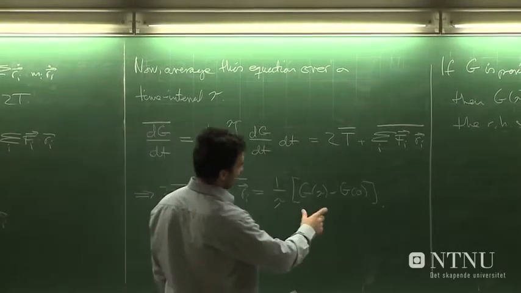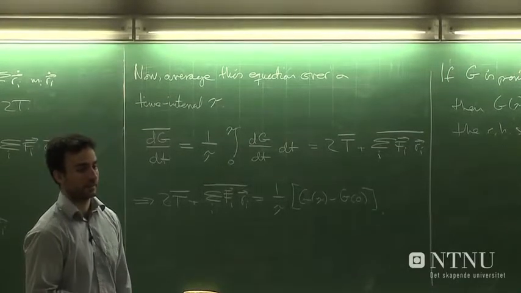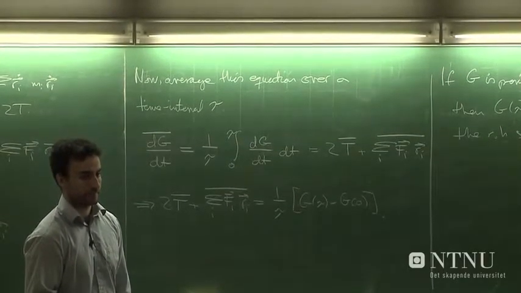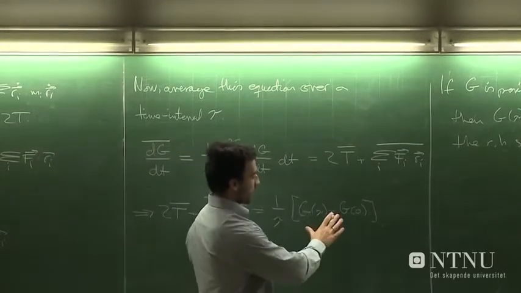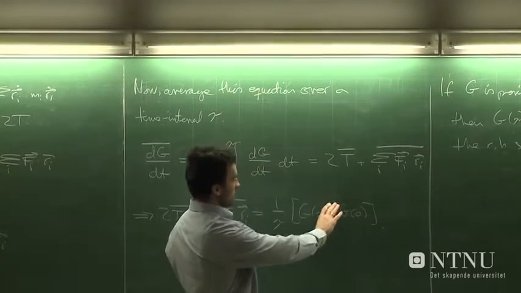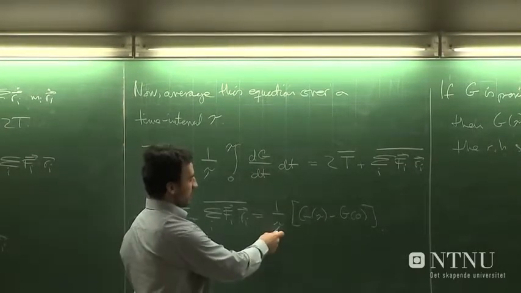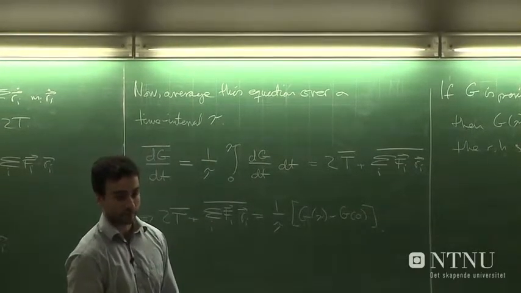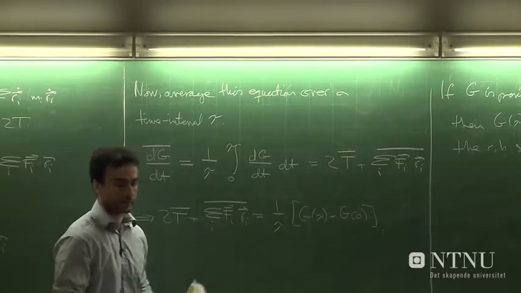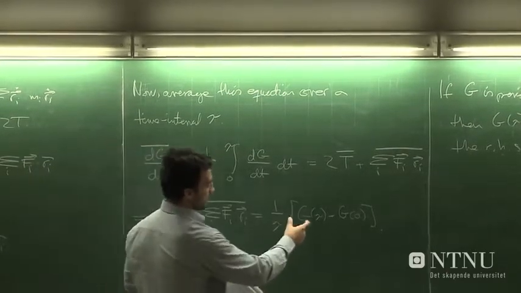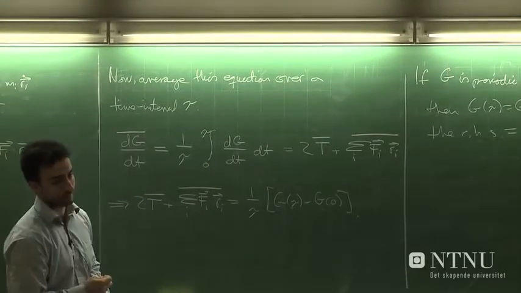So we have the right-hand side is equal to g of tau minus g of 0 divided by tau. Would you agree that if we have a fraction where this term is finite at all times, and we let tau go to infinity, it should vanish? So if tau goes to infinity, whereas this term remains finite, this should be 0.